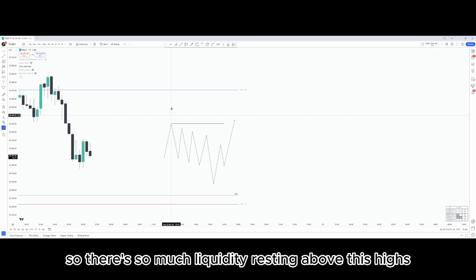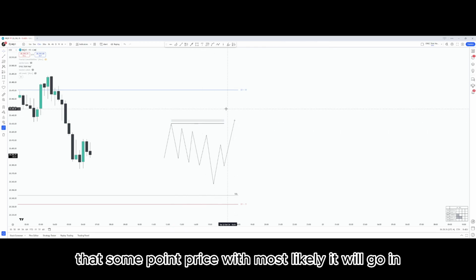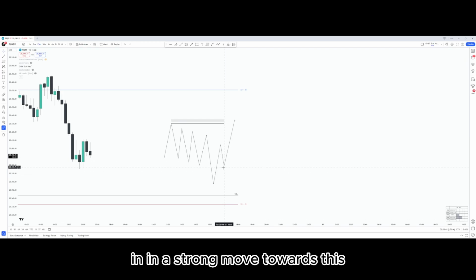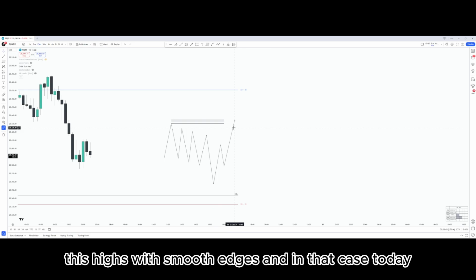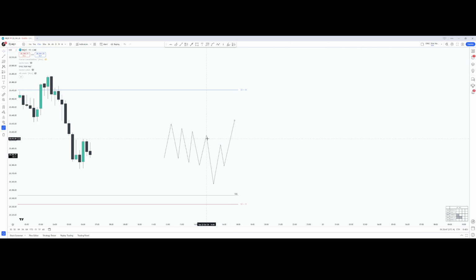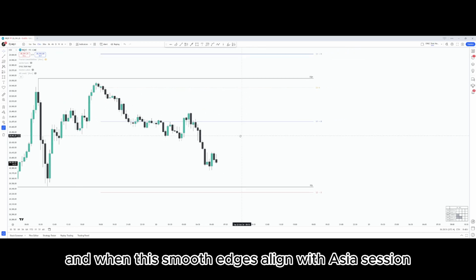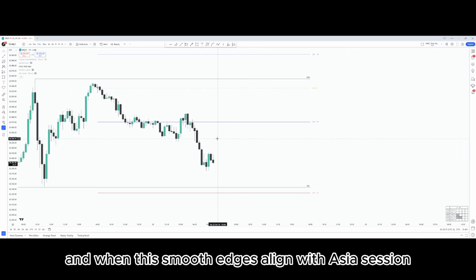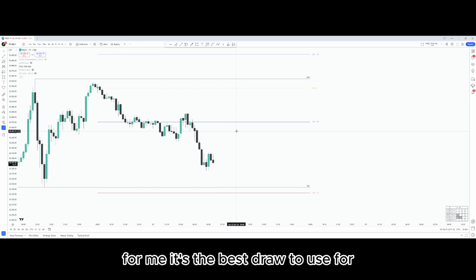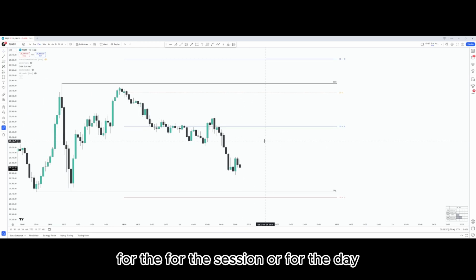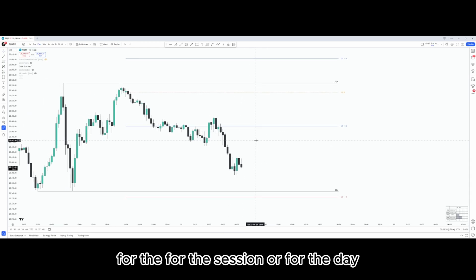So there's so much liquidity resting above these highs that at some point price will most likely go in a strong move towards these highs, these smooth edges. And yesterday we had those, and when these smooth edges align with Asia session, for me it's the best draw to use for the session or for the day.